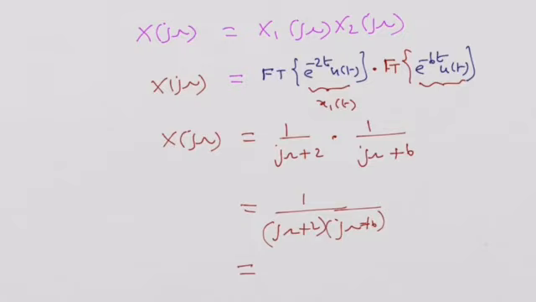When you want to use the partial fraction method, you have to write it like this: a divided by j omega plus 2, plus b divided by j omega plus 6.